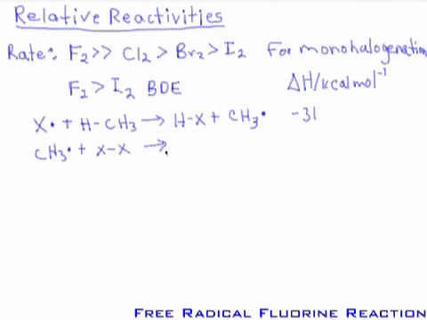Gives me H3X plus X dot. The second step, the delta H is also exothermic, minus 71.